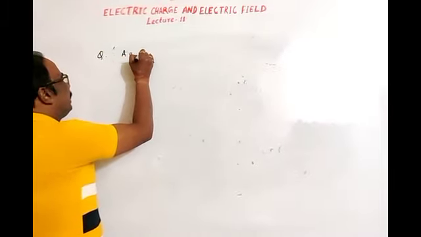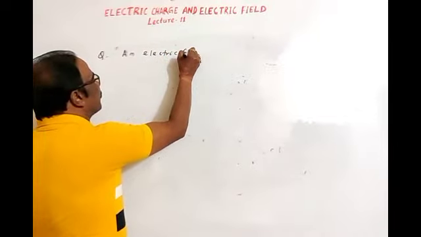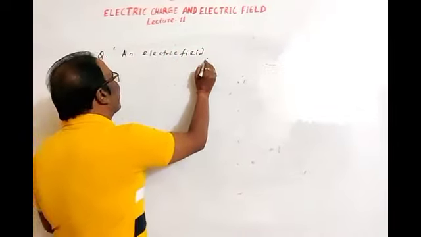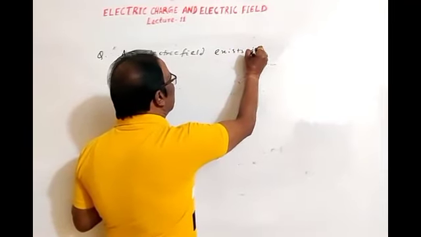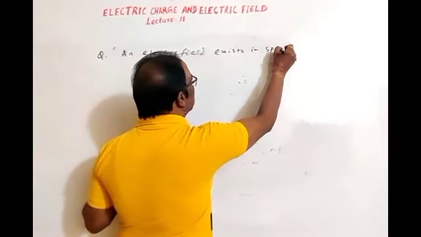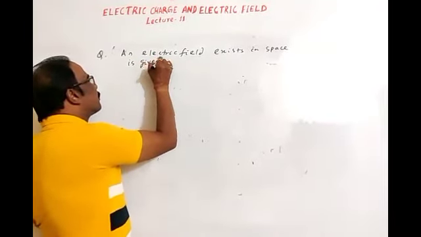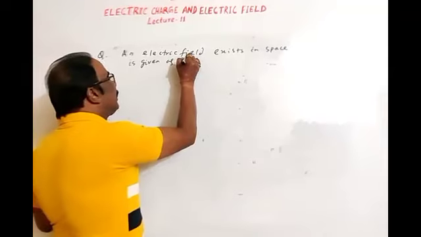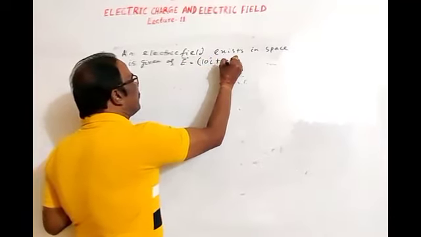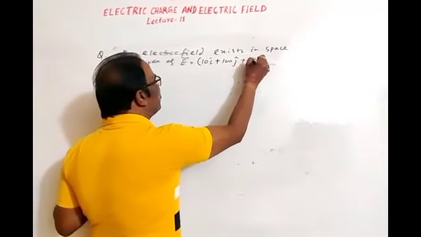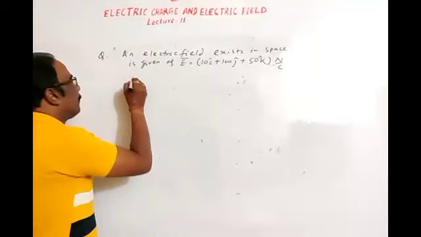An electric field exists in space, given as electric field, let's say, 10 i cap plus 100 j cap plus 50 k cap Newton per Coulomb.